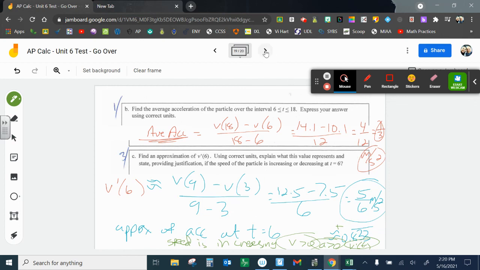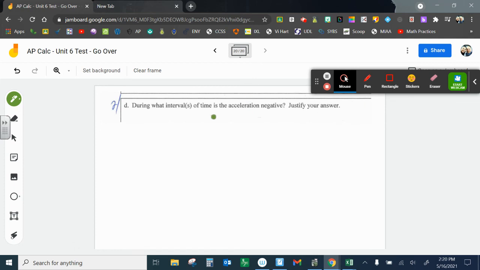Okay, last part here. During what interval of time is acceleration always negative? And so this negative acceleration is going to occur from 20 seconds to 30 seconds. And let's go back and look why.